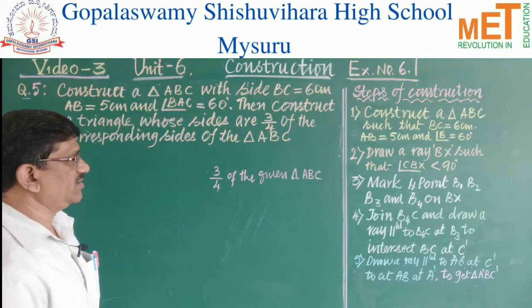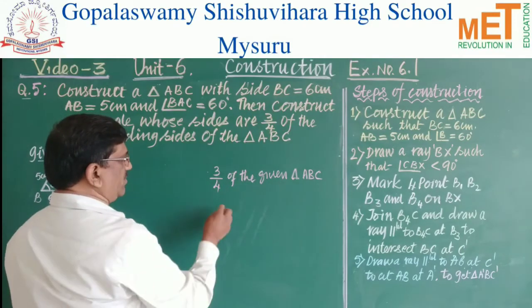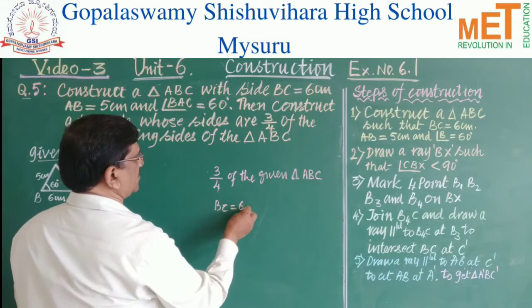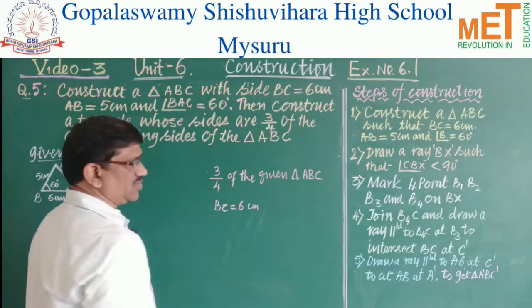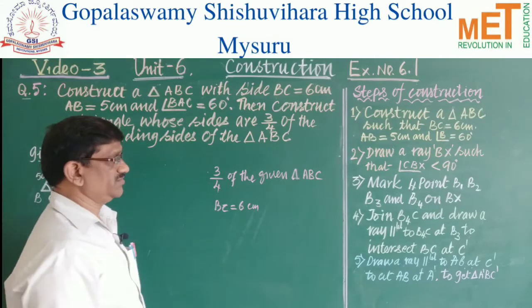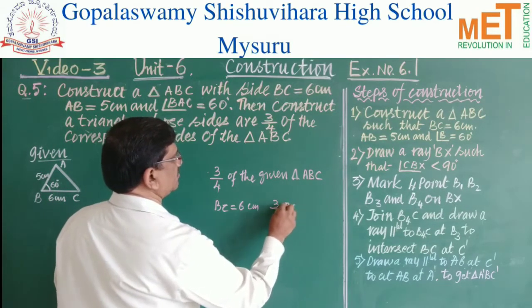So then the sides should be, suppose you take BC is equal to 6 centimeter, right? So what is the corresponding side of BC in the new triangle? That is 3/4 of BC. Perfect.